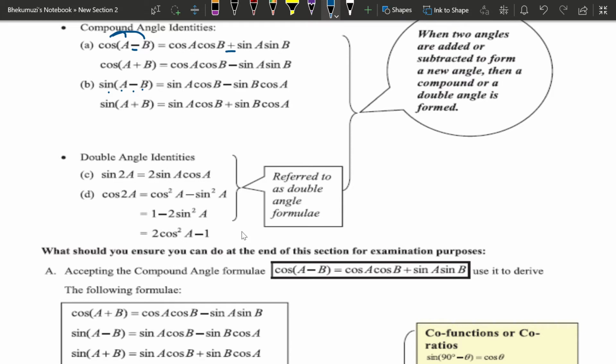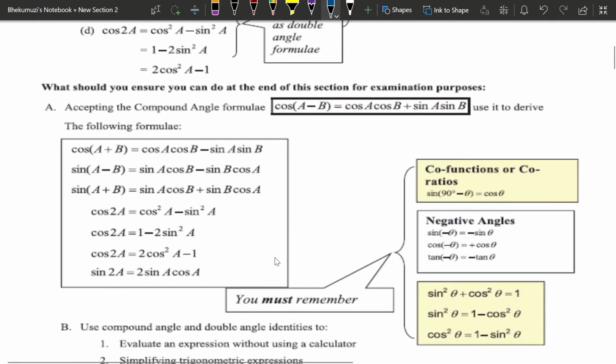Also 1 − 2sin²A is the same as cos 2A. And then we also have 2cos²A − 1, which is also the same as cos 2A, which is a double angle. So those are the things that you need to know.